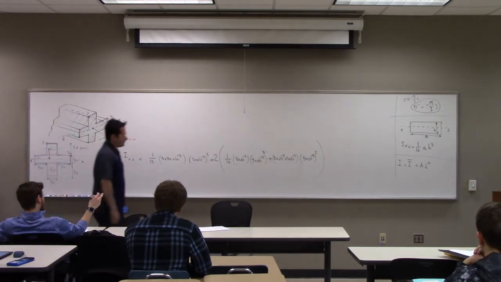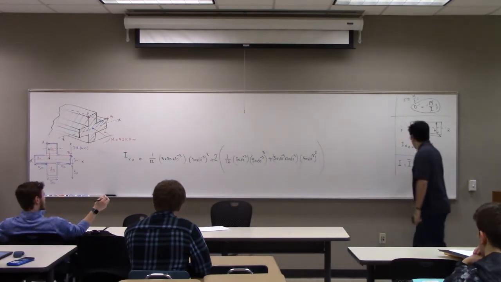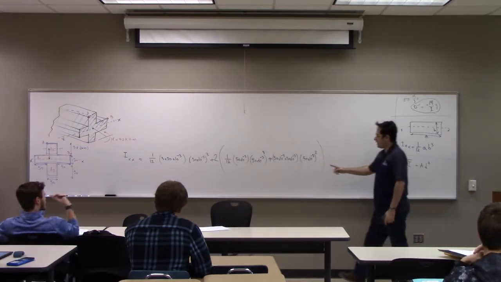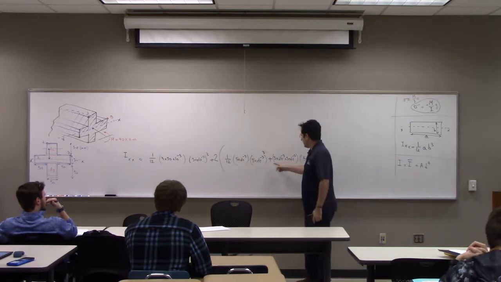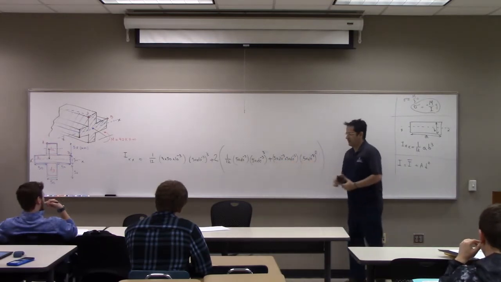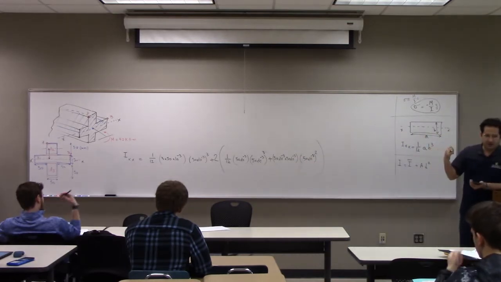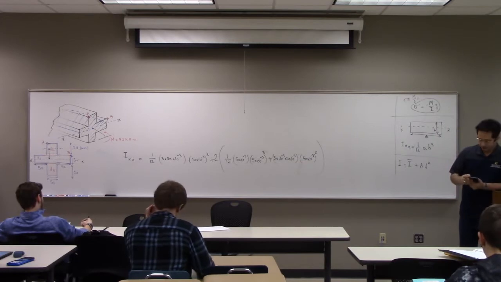Yeah, that's the parallel axis theorem. You see how I said local I plus A times d squared. Now let's put it in the calculator. Anyone put it in the calculator? So I can just use the value?